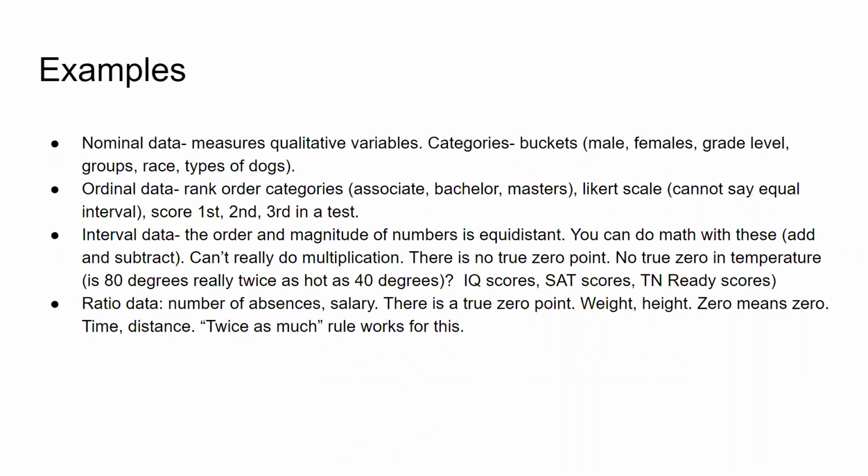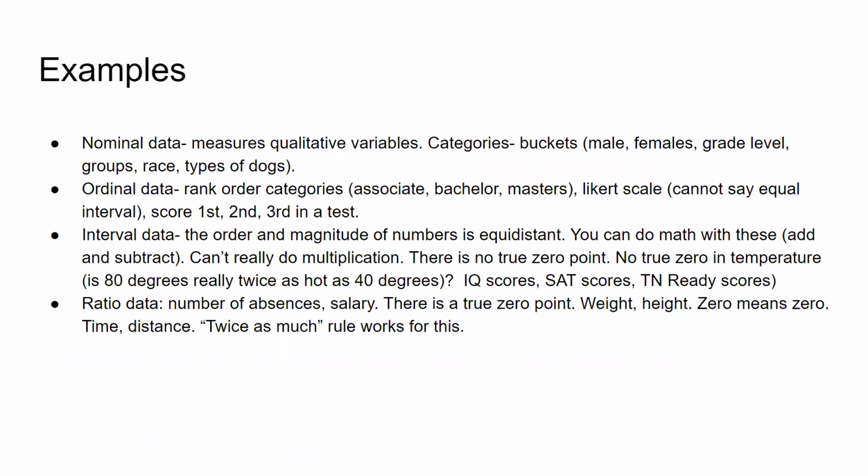Now, ordinal data has to do with ranked categories. Something that's interesting here, Likert scale survey items are typically ordinal data because you can't really say there is an equal distance between strongly agree and agree as there is between agree and neutral.